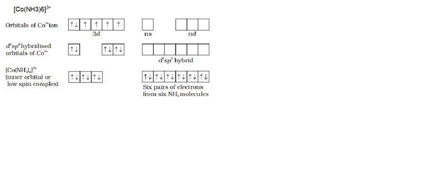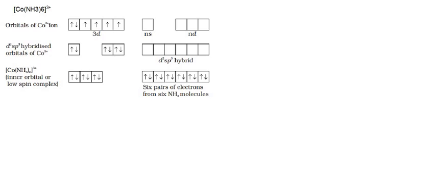In the formation of this complex, since the inner d orbital, the 3d orbital, is used in hybridization, this particular complex is called an inner orbital or low spin or spin paired complex.